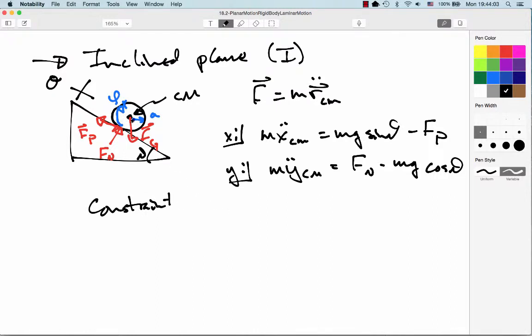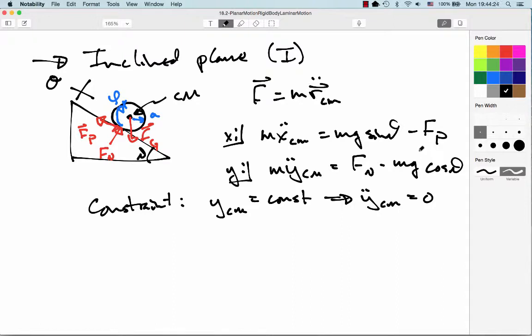Now we have our constraint here, which is that the height of the center of mass will stay a constant above the plane. So y_CM equals a constant. So that means that both y_CM dot, but more importantly y_CM double dot, is equal to 0.